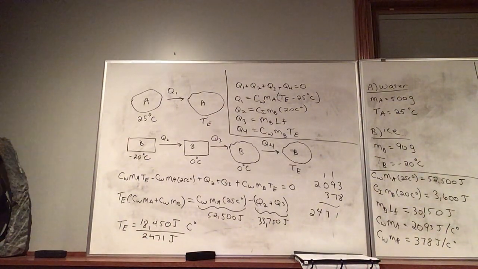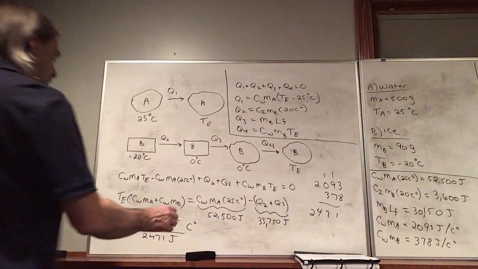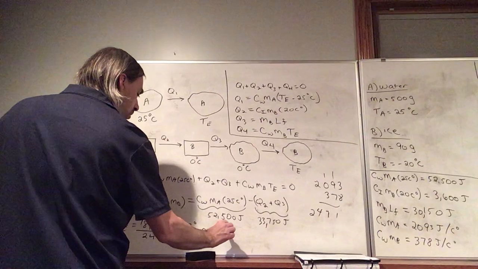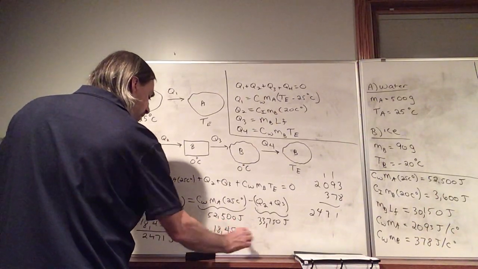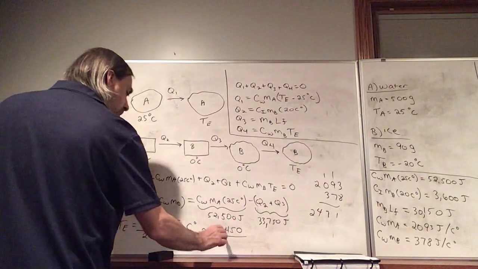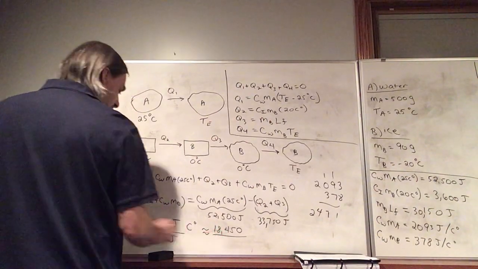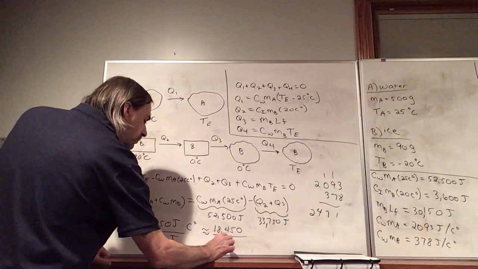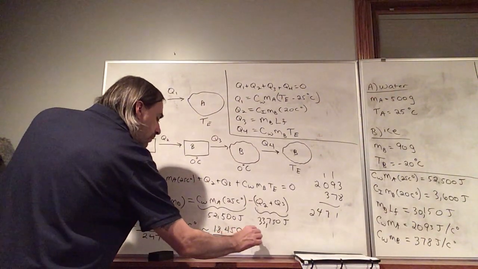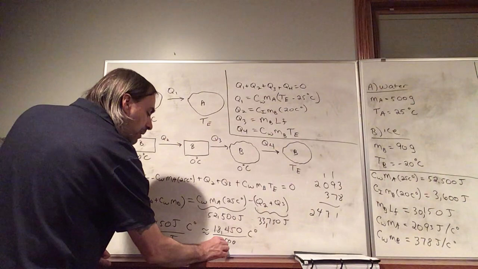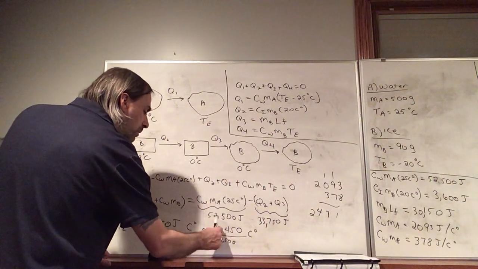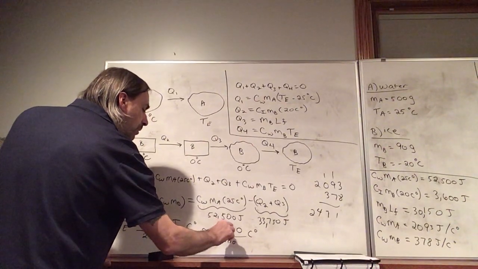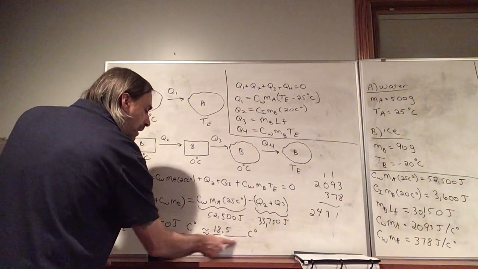So now I want to round off a little bit. This is around 18,450 divided by, say, 2,000. Let's just say 2,500. So if we take 1,000 off, this is, let's say 18.5 divided by 2.5.